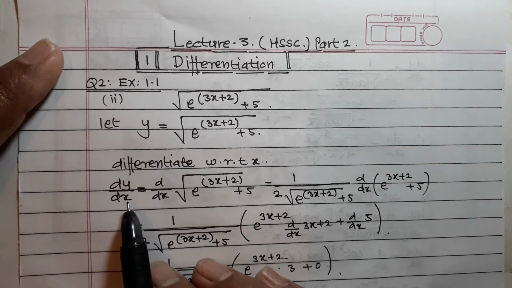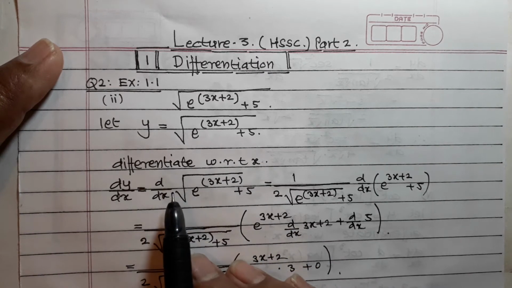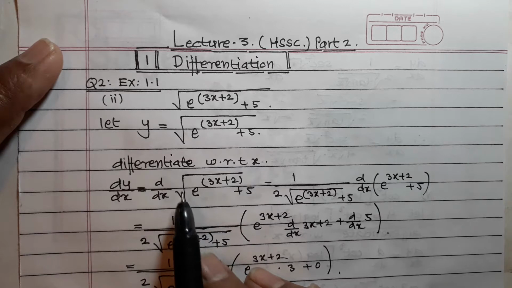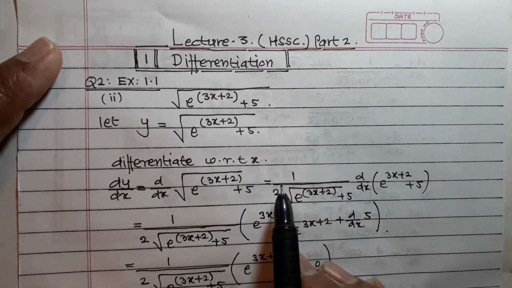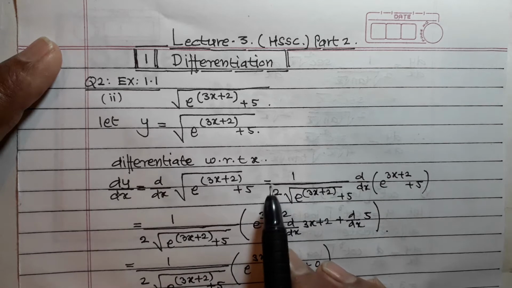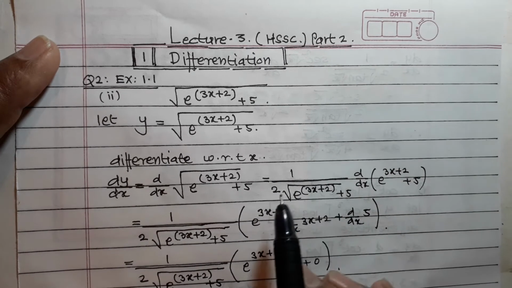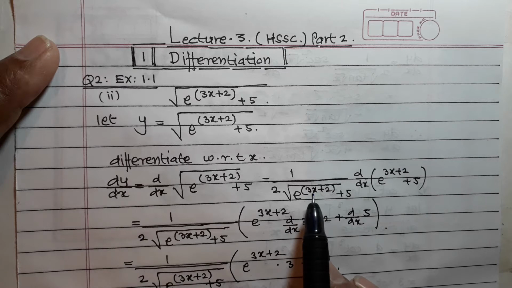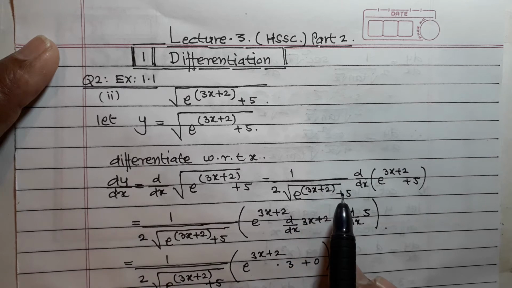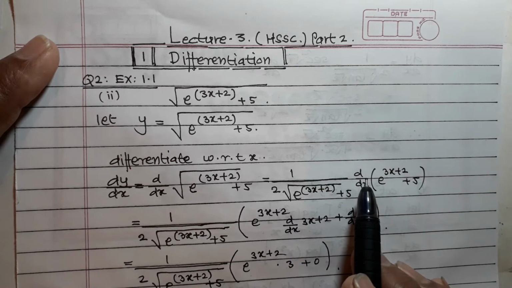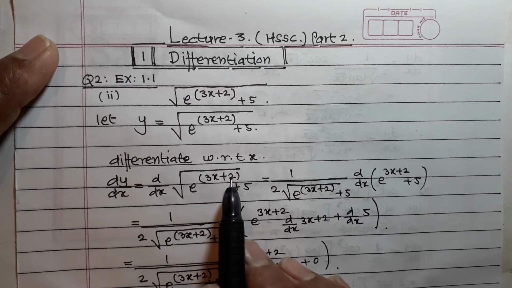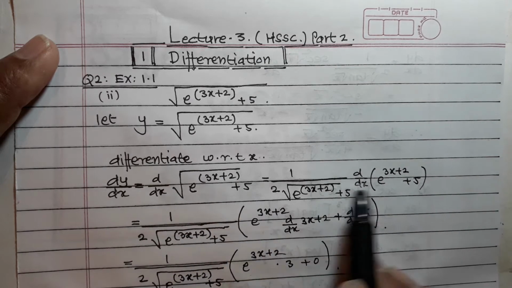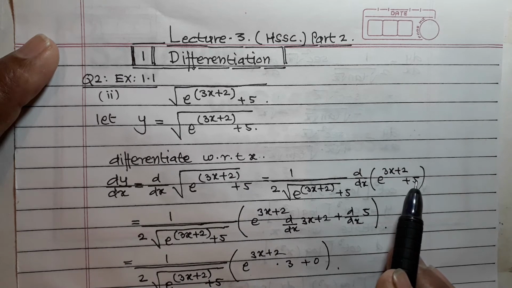x. dy/dx is equal to d/dx of root e raised to 3x plus 2 plus 5, is equal to 1 upon 2 root e raised to 3x plus 2 plus 5, and derivative of this e raised to 3x plus 2 plus 5.